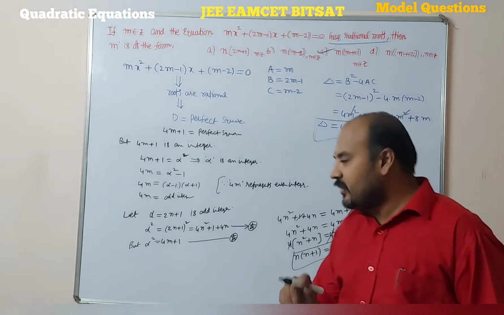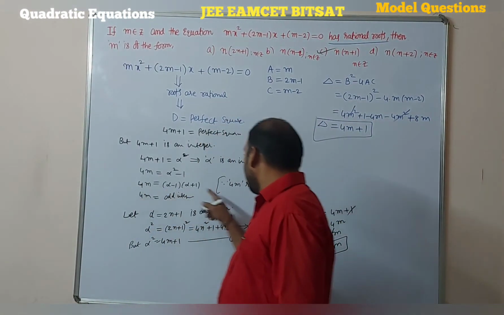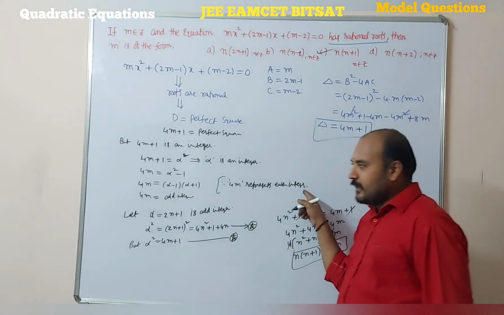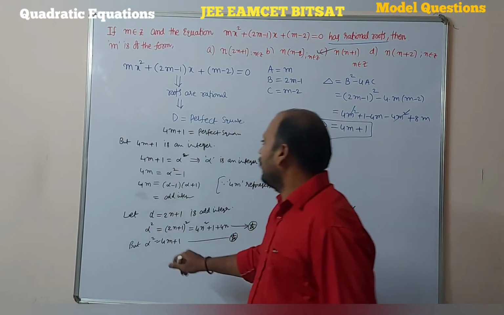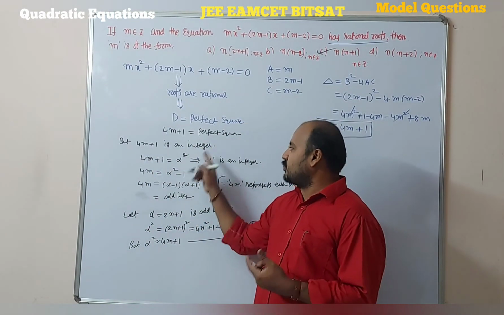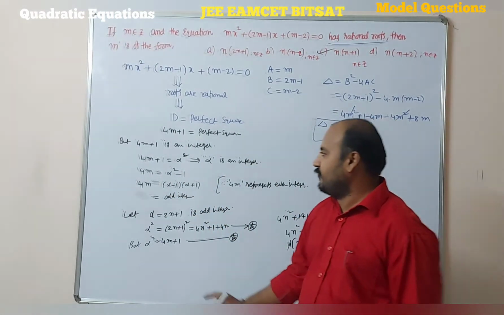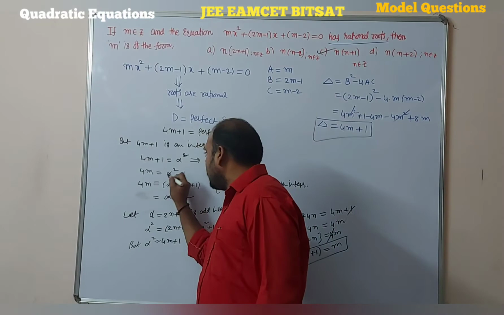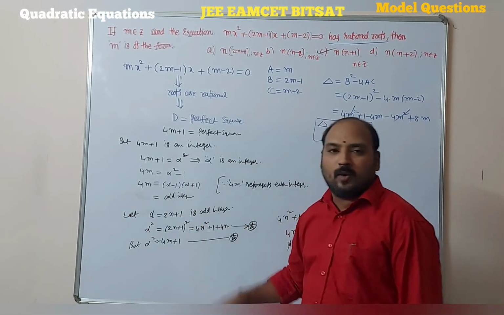Yeah, dear students, here I will give some clarity. Sir, on one side you are saying 4m represents an even integer, here you wrote odd integer. 4m plus 1 is equal to an integer that is a perfect square, that is the reason you have taken alpha square. That implies that alpha is an integer. So 4m can be written as alpha square minus 1, which is alpha minus 1 into alpha plus 1.